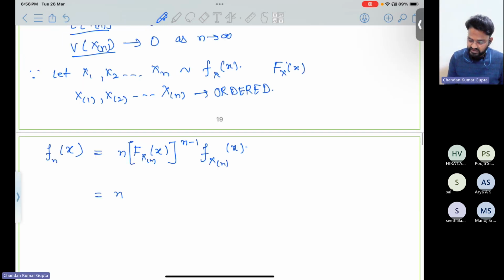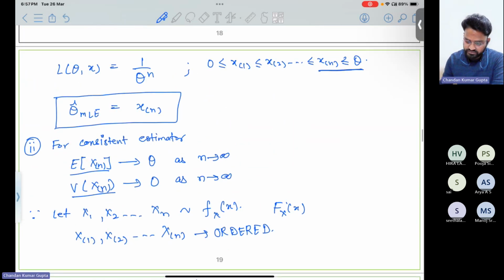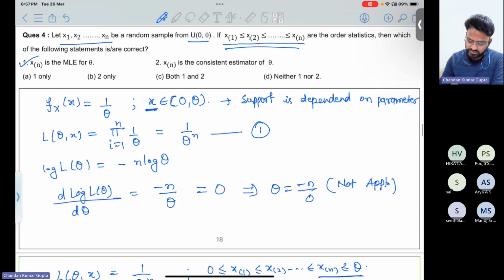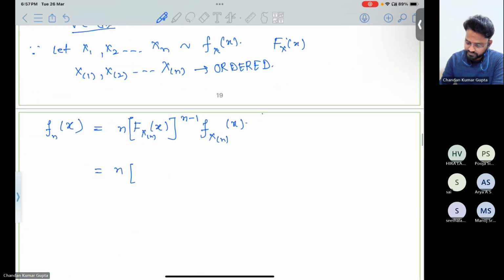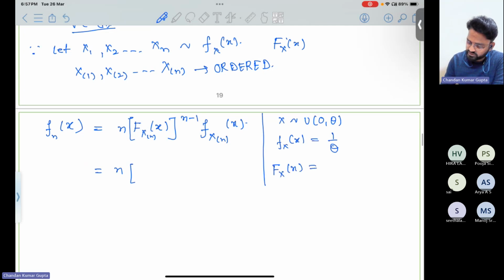So here n equals n, and we are given a uniform distribution. Okay, X follows uniform 0 to theta. So fX equals 1 by theta, and the capital FX of x equals x by theta. Okay, these are already discussed. This is the PDF of the uniform distribution. This is the CDF of the uniform distribution.